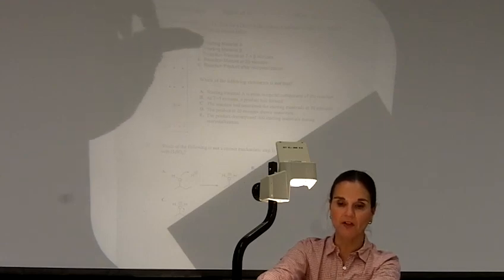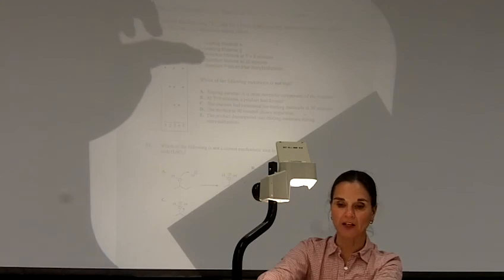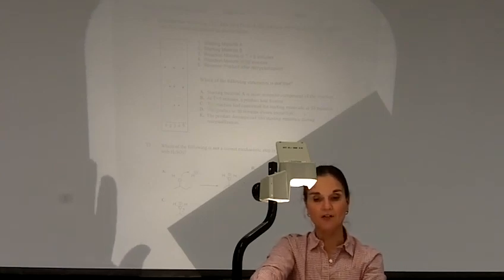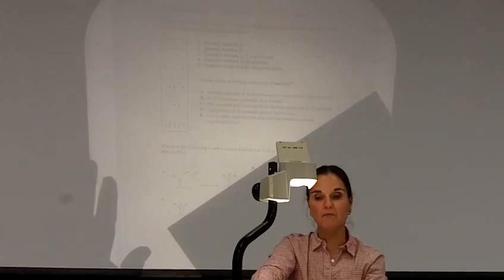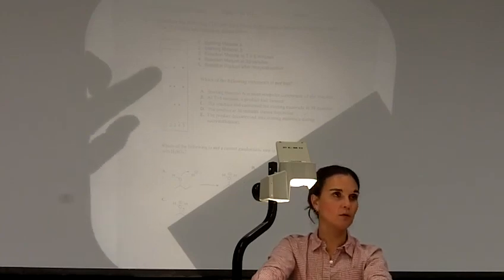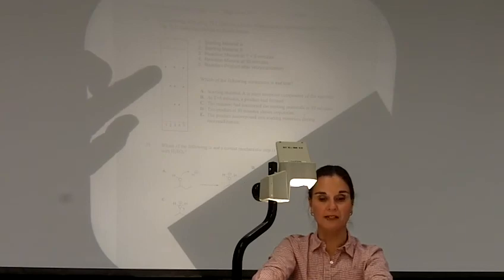We've got starting material A, starting material B, reaction at 5 minutes, reaction at 30 minutes, reaction product after recrystallization. Which of the following is not true? Starting material A is the most nonpolar component of the reaction. So lane 1 was starting material A. Is that true? It is the most nonpolar, right? Because it has the highest Rf value.